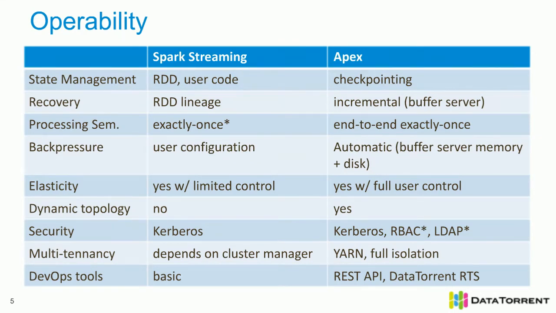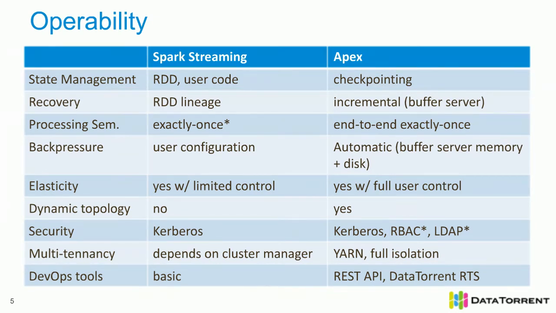Apex also supports elasticity with dynamic partitioning. In addition to that, it provides the user full control over how to make those partitioning decisions and also how to distribute the state. We will cover that a little bit later.